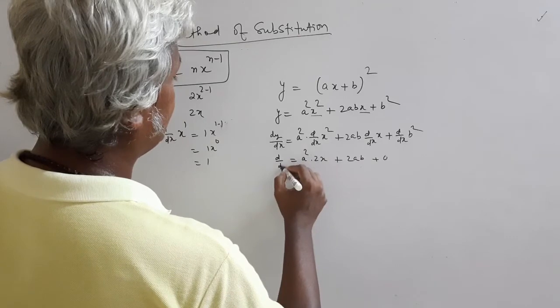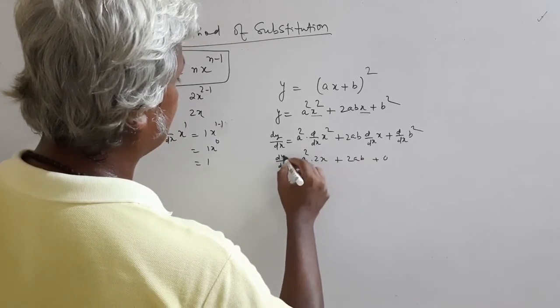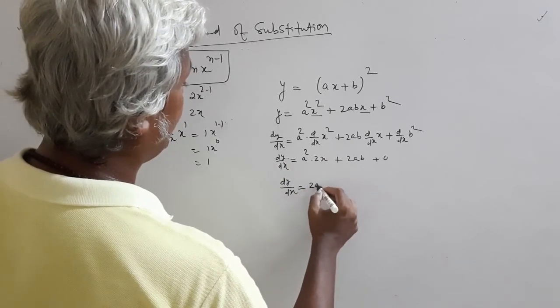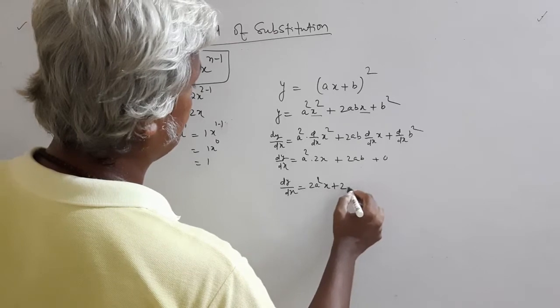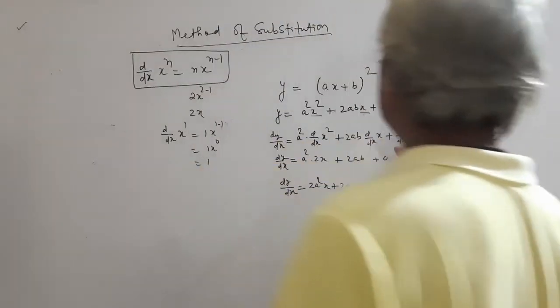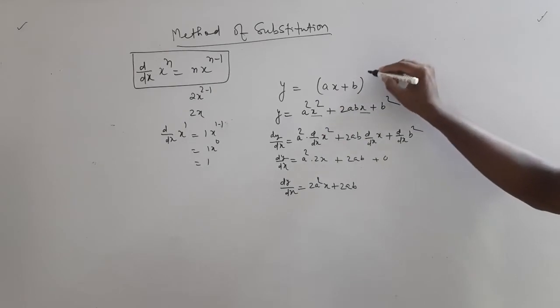So dy by dx in this case will be 2a square x plus 2ab.